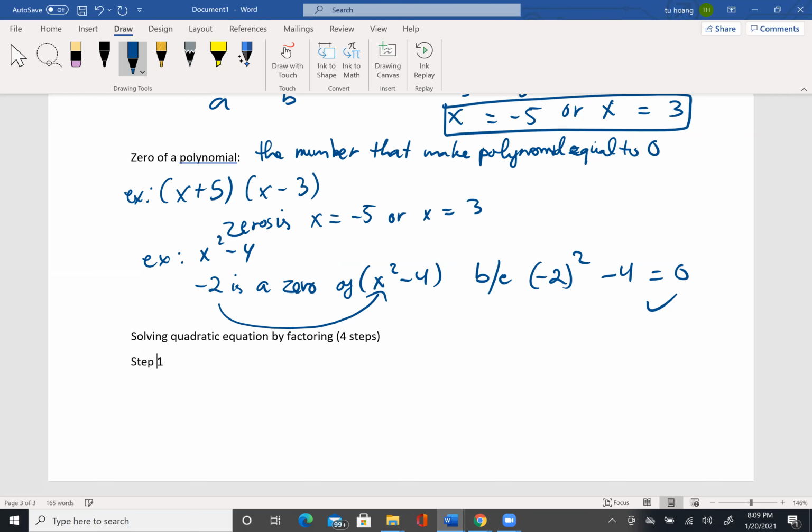Step 1, write the equation in standard form as ax squared plus bx plus c equal to 0.